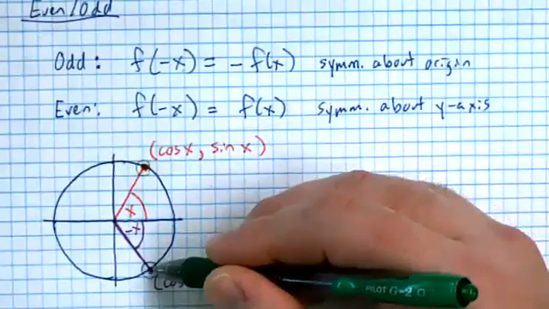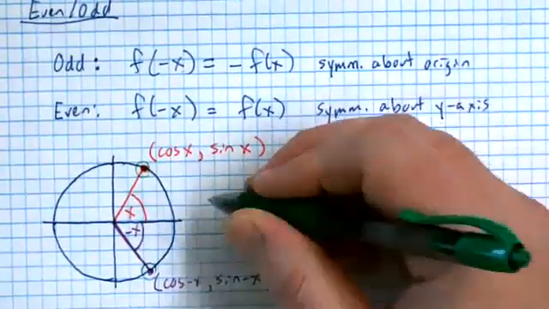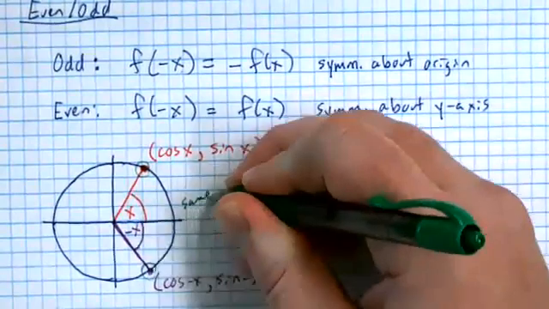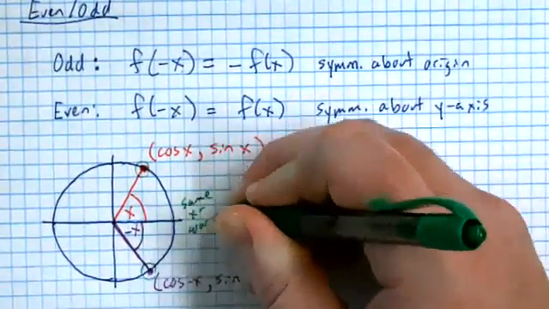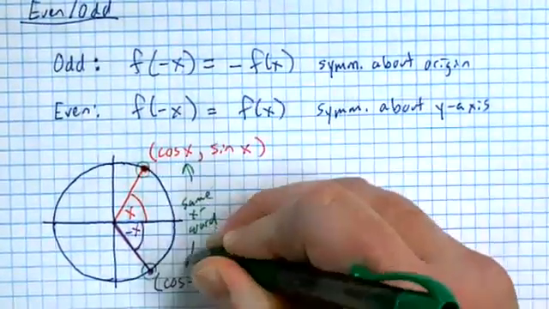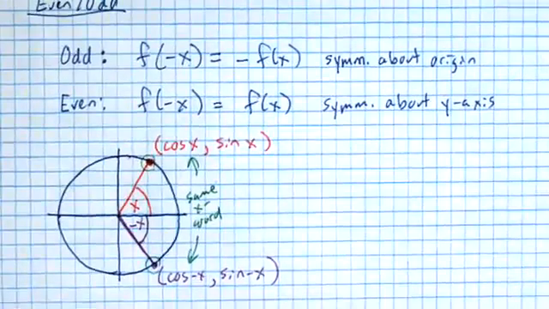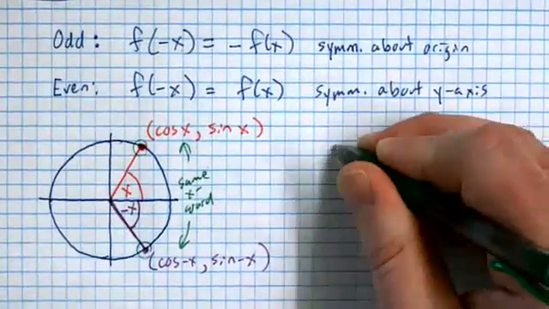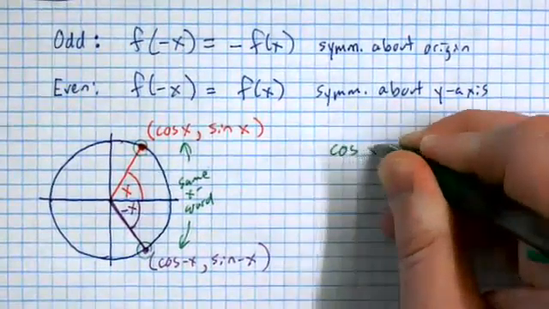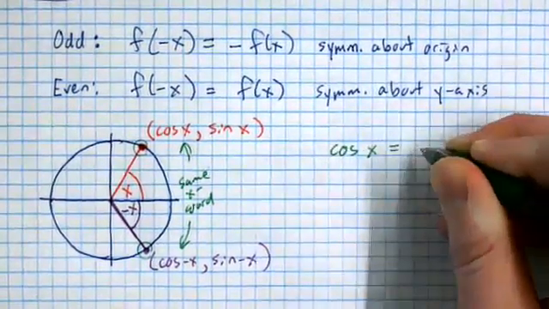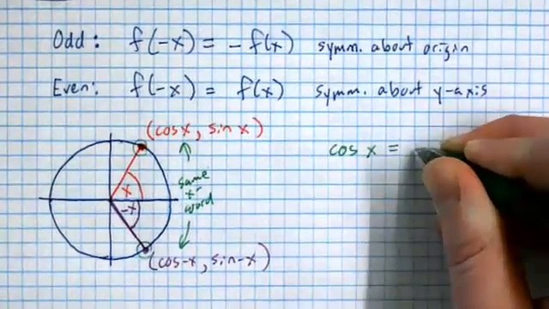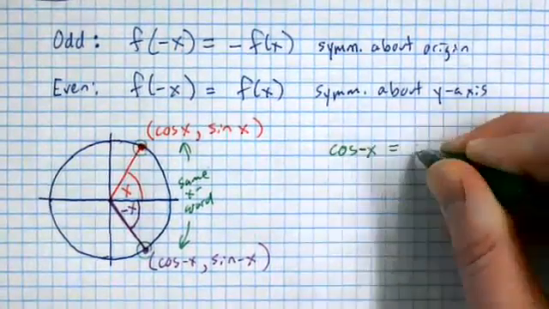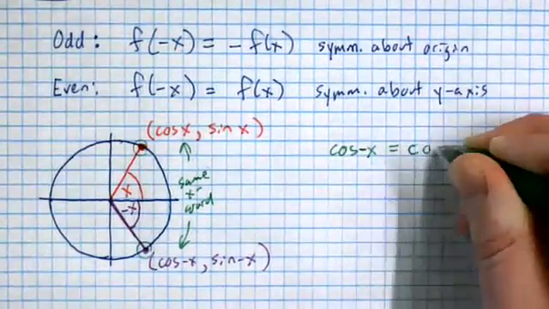Those two points would have the same x coordinate, correct? Which means that the cosine of x must be equal to the cosine of negative x. Actually, let's write it the other way around. The cosine of negative x is equal to the cosine of x.